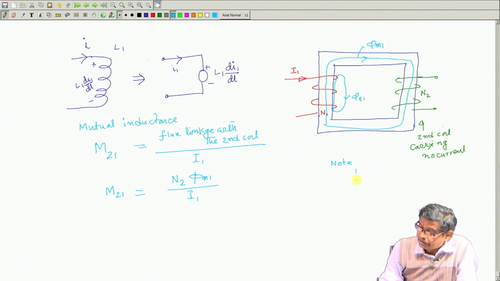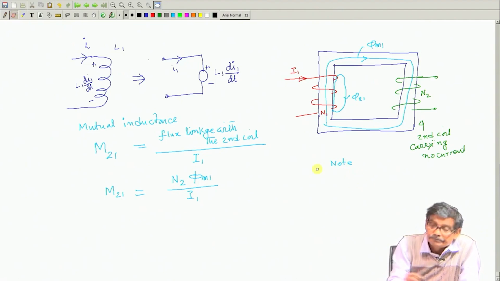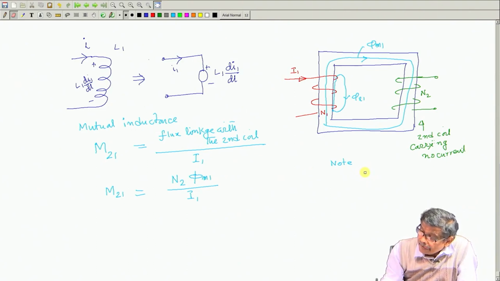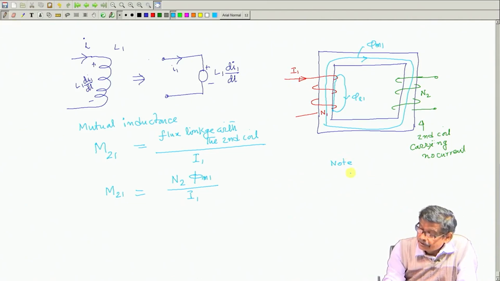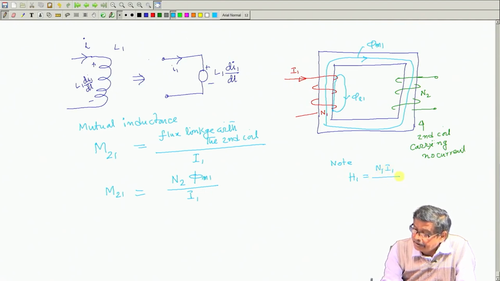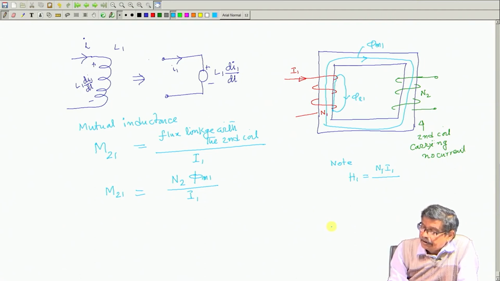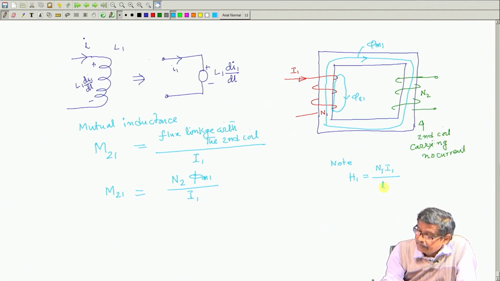phi m1, how to calculate phi m1? Anyway, I will do it like this. Note that H1 produced by the first coil will be N1 I1 divided by L. What is L?